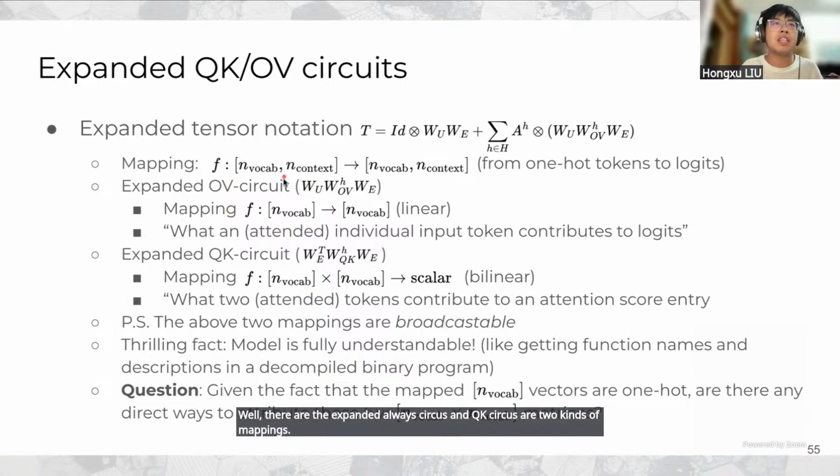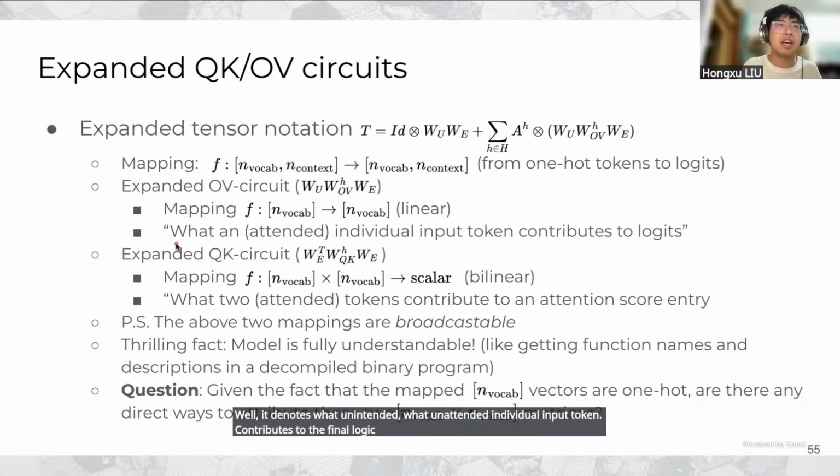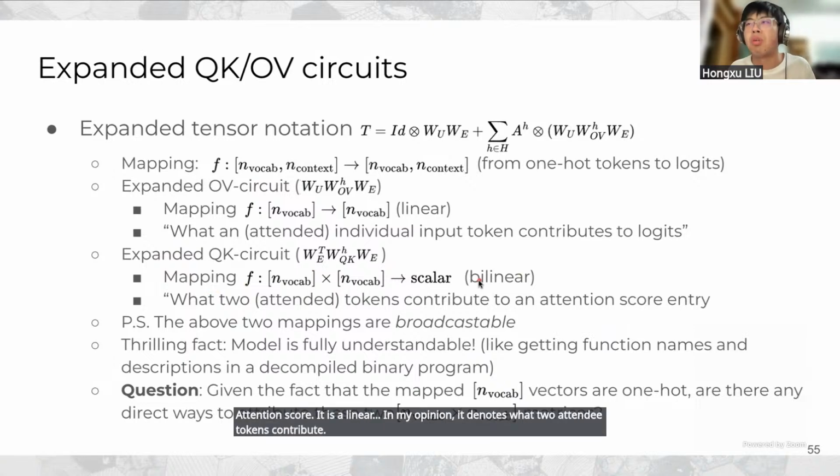The OV circuit is a mapping from a one-hot token vector to a logit vector with the same shape. It denotes what an attended individual input token contributes to the final logits. And the expanded QK circuit is a mapping from two individual one-hot token vectors that produces a scalar attention score. It is a bilinear mapping. It denotes what two attended tokens contribute to an attention score entry.